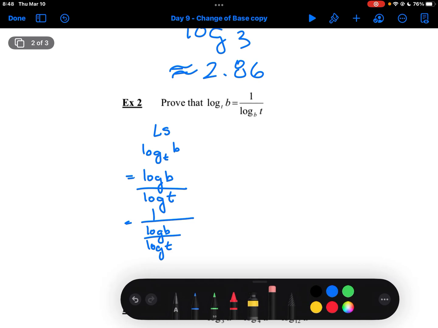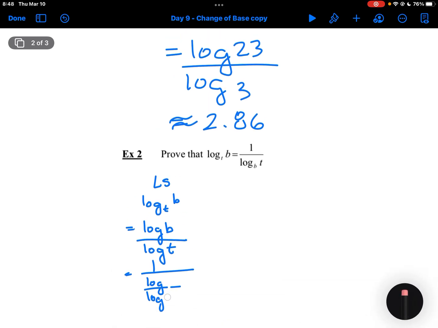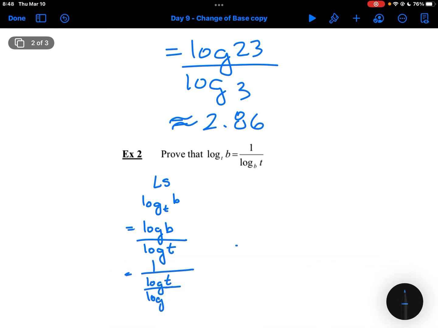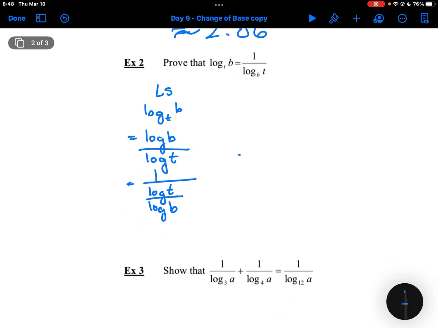And when I rewrite this as a triple-decker fraction, I want to flip those two. So here, I'm just trying to play around so that I've got 1 over on this side. I'm changing my double-decker fraction into a triple-decker fraction. The last thing that I'm going to do is use the change of base formula again, right here.